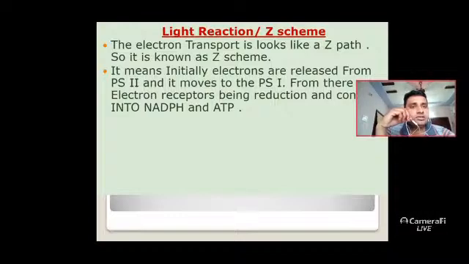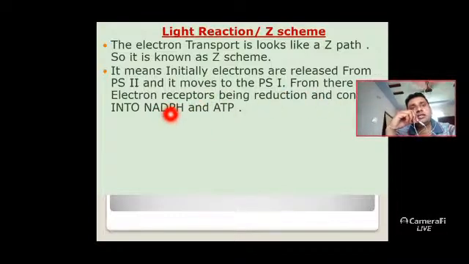And whenever the electrons are received by NADP or ADP, they form ATP and NADPH, which are called the end products of the light reaction.